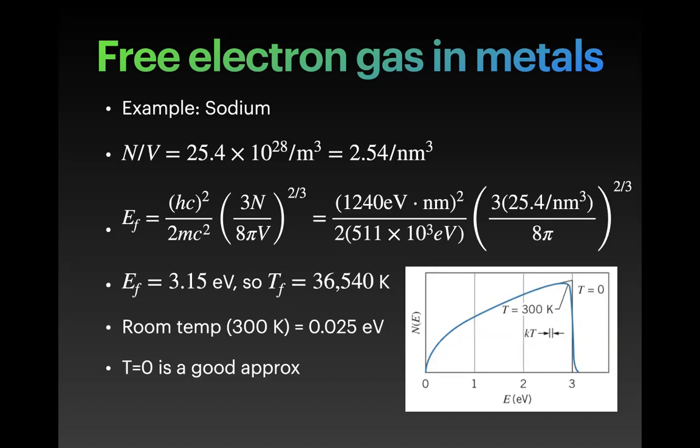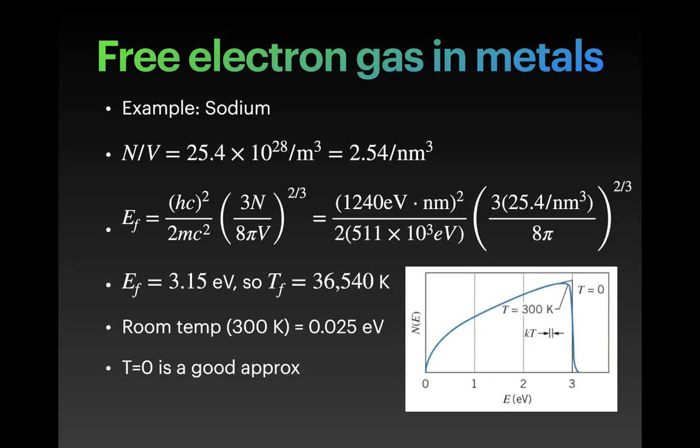But when you increase the temperature, you have to give some of the electrons just a little bit of energy, 0.025 electron volts. So if you think about an electron that at 0 temperature is in the 1 electron volt energy level, that one can't gain any energy because it's a fermion.